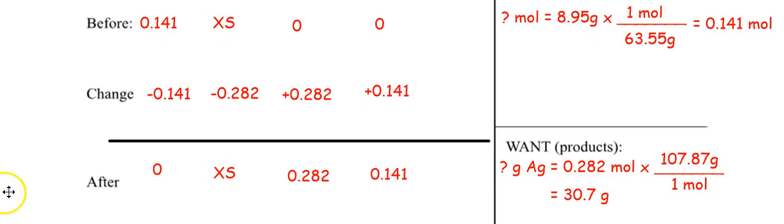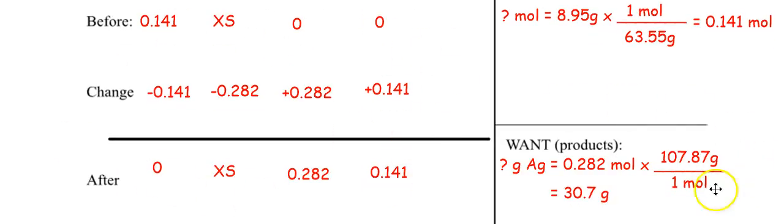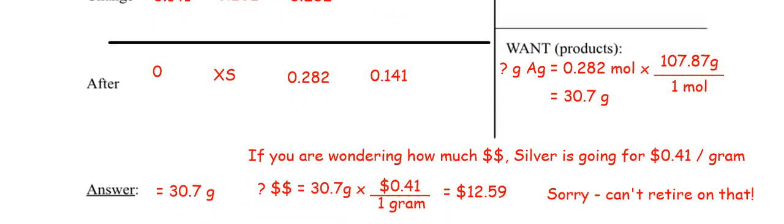Then I used the BCA table, and I ended up making 30.7 grams of silver. And I was going to try to retire off of that, remember? I was only going to make $12.59. I'm not going to retire on that, but this is what I should make. This is my theoretical yield.